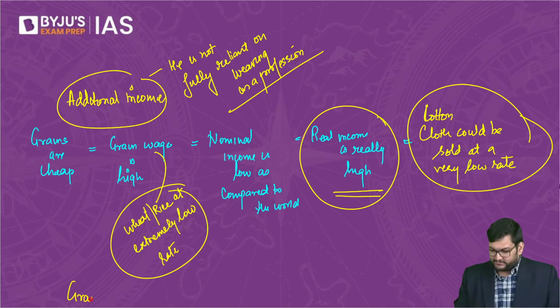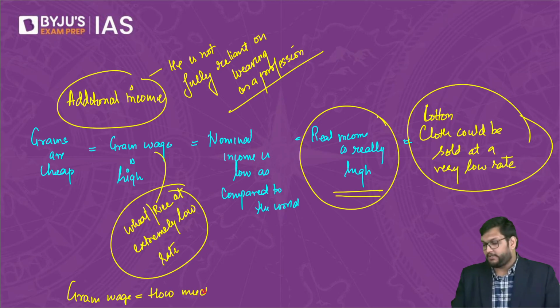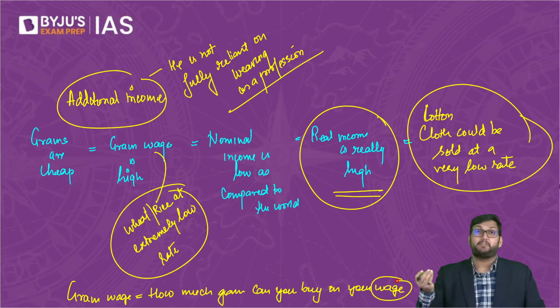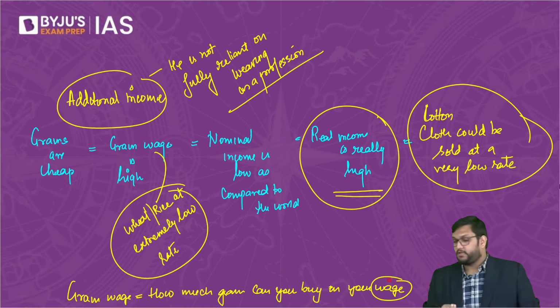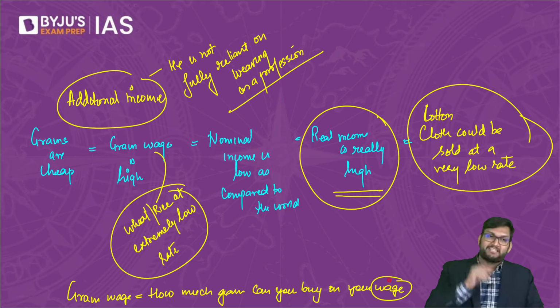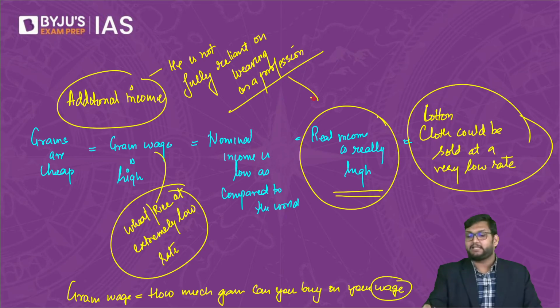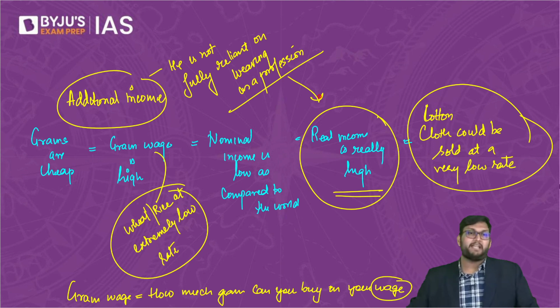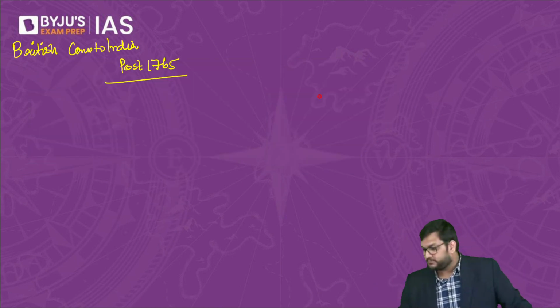Grain wage equals how much grain you can buy in your wage. Wage means your dihadi, your money, what you get for your work. So, because grains are cheap, grain wage is high, and there is an additional income. Therefore, real income is extremely high. Can all of us agree to this? Then I'll talk to you about what the British do.